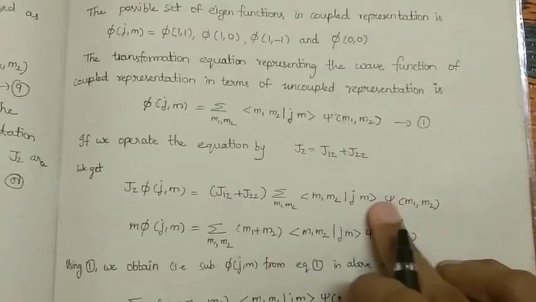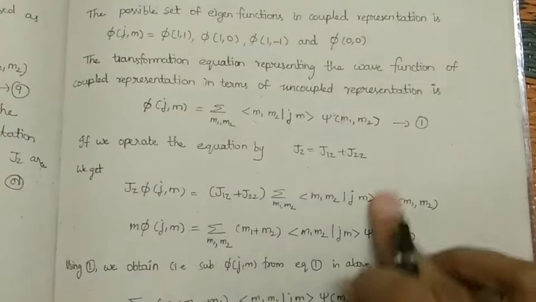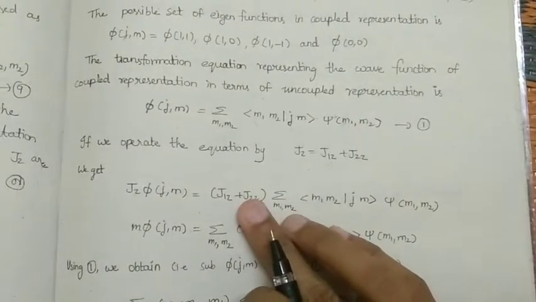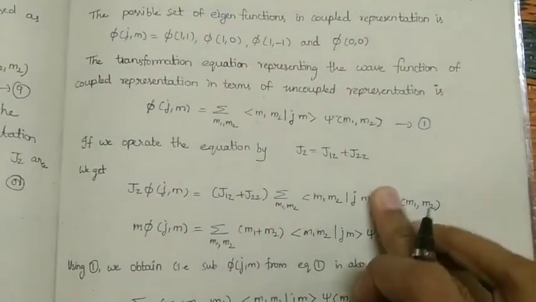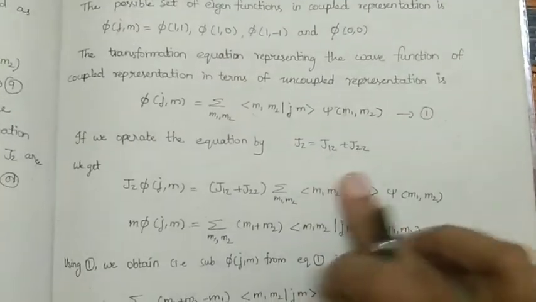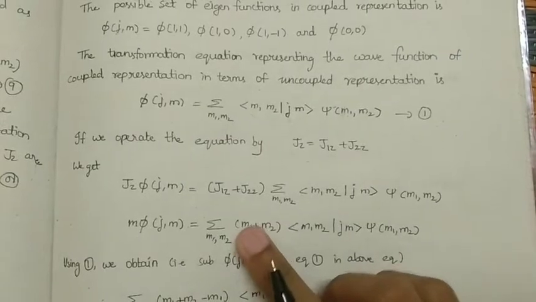So you would have m1 xi when j1z operates on this, plus, when j2z operates on this wave function, we have m2 xi of m2 with this coefficient. Hence we have m1 plus m2.